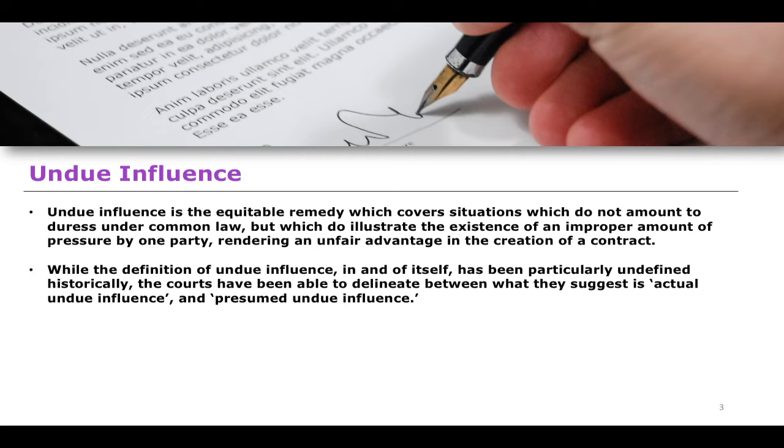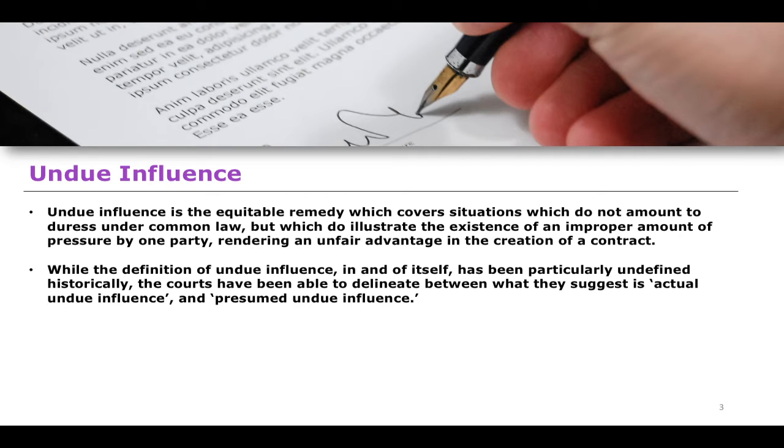While the definition of undue influence in and of itself has been particularly undefined throughout the history of this doctrine, the courts have still been able to make a delineation between two different types of undue influence.